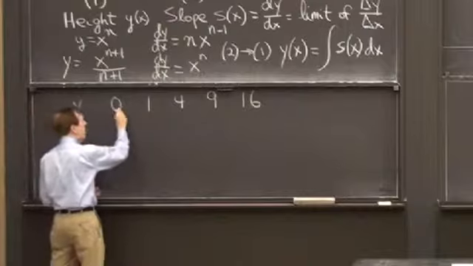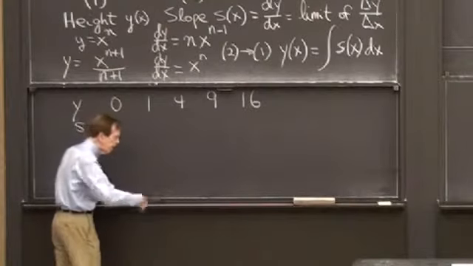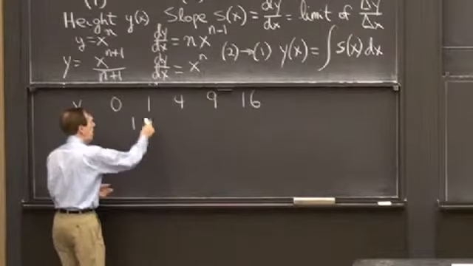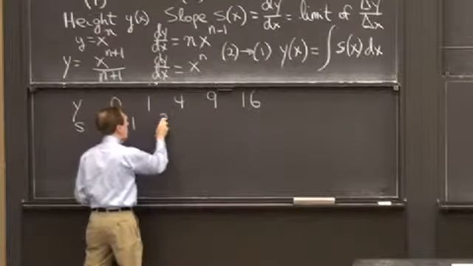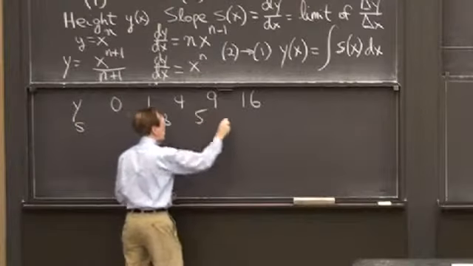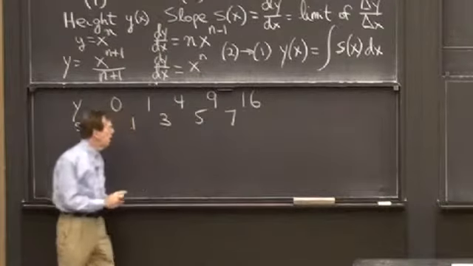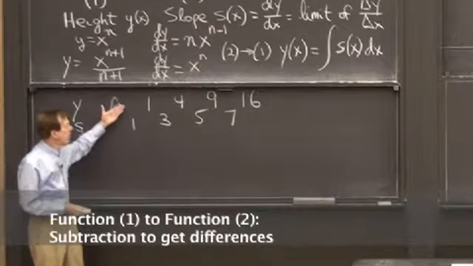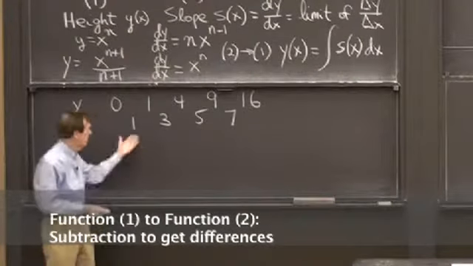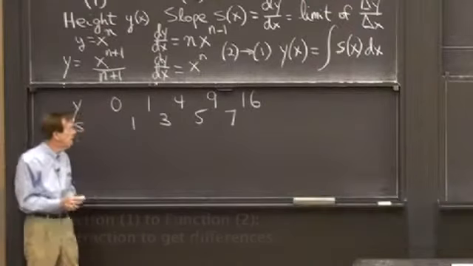Well, the slope, if the step size is 1 and I go up by 1, the slope will be 1. Here I go up by 3. Here I go up by 5. Here I go up by 7. So to go from there to there, I'm taking differences. I'm taking delta y's. These s's are delta y's.